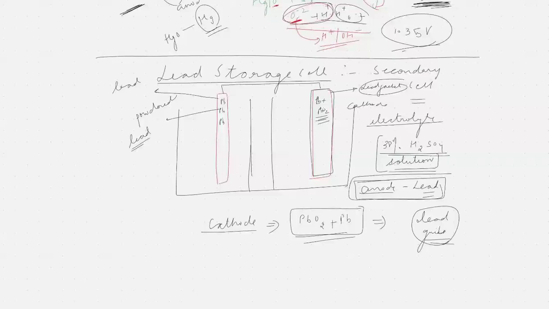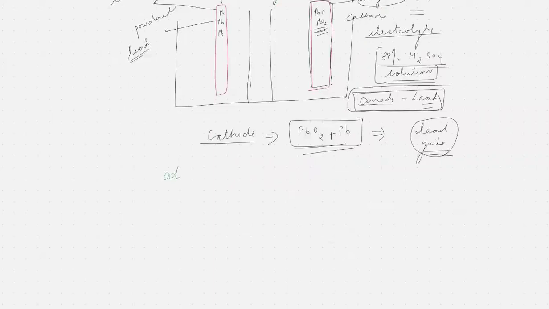what is happening at anode. Now you understand anode is something which is made up of more reactive metal. And this is the case when it is discharging. Discharging means the battery is consistently providing me with current.